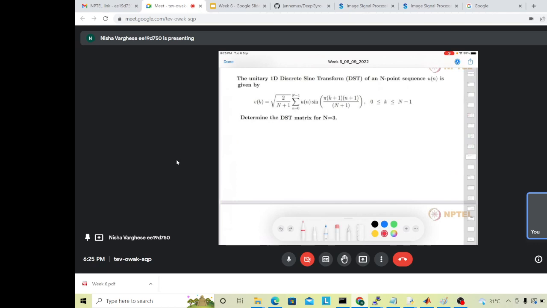That's all. Okay. So you have this equation Vk is equal to root 2 by n plus 1, sigma. Capital N is given as 3, right? So n plus 1 means 3 plus 1, 4. So 2 by 4, so 1 by root 2, sigma. So we can expand this sigma also. Okay.